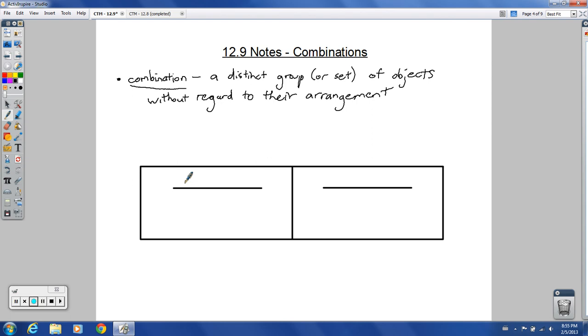What does this mean in terms of permutations versus combinations? Let's make a little chart like this that'll stand out nice. Permutations versus combinations. What's the difference? With permutations, order matters.